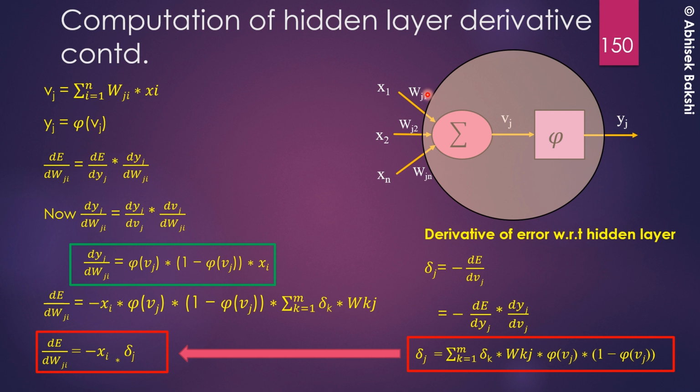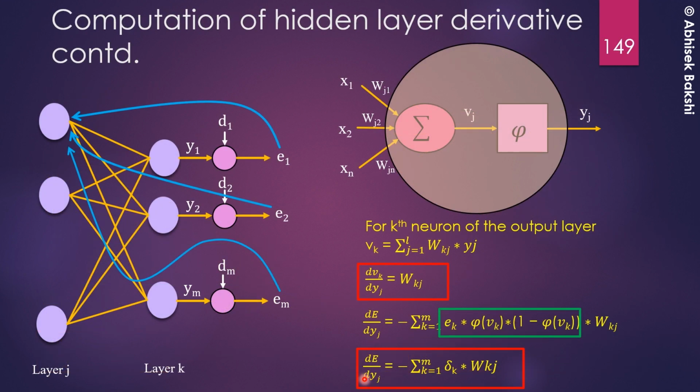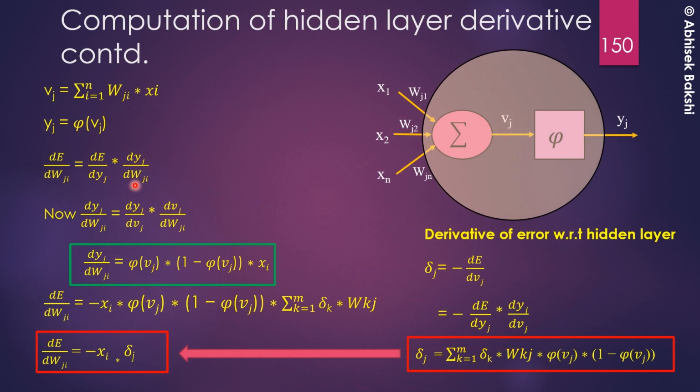That's why the derivative of error with respect to yj, then the derivative of yj with respect to wji. Now I think you can understand why we calculated the derivative of error with respect to yj and why it is needed. We will just use this. So this part is done, the calculation is done. This part is left.